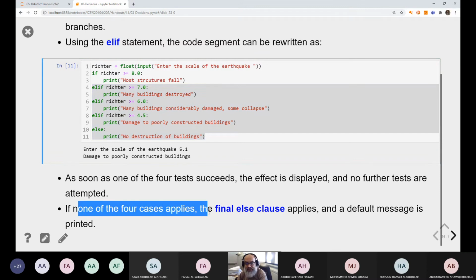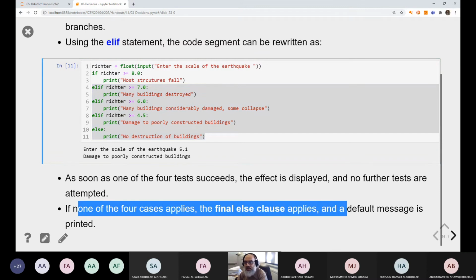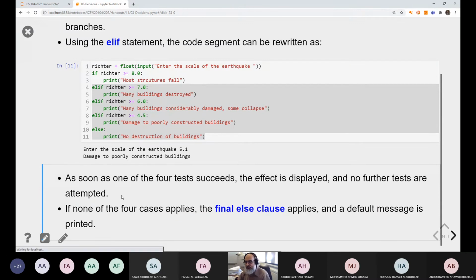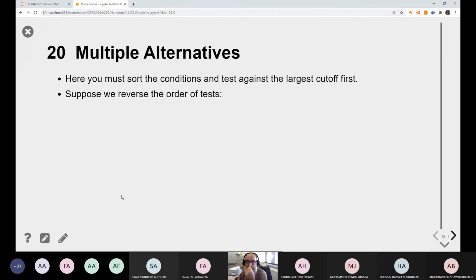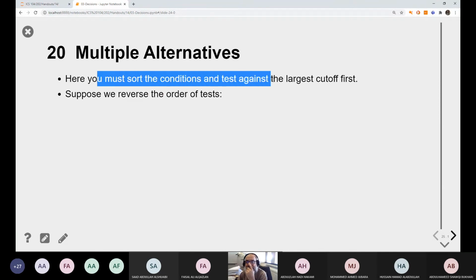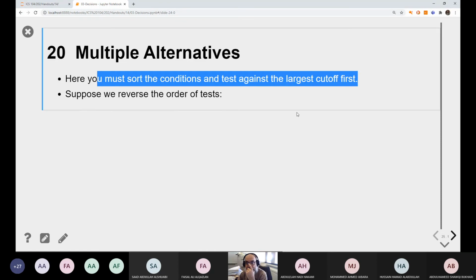If none of the 4 cases applies, the final else clause applies and a default message is printed. Now, here, we must sort the conditions and test against the largest cutoff first. The largest cutoff first. Okay?